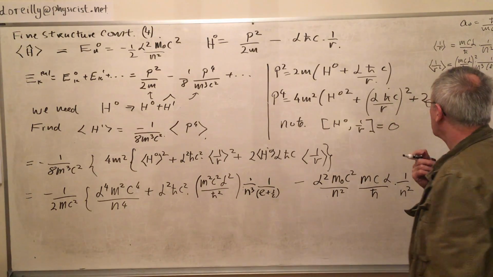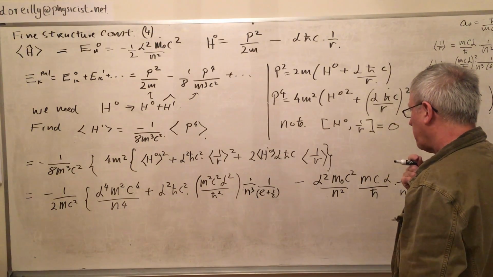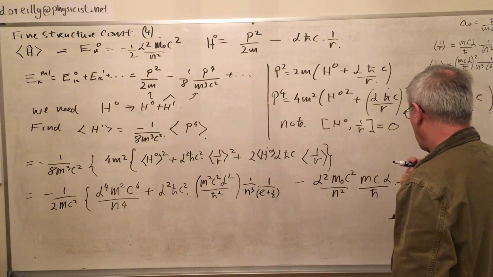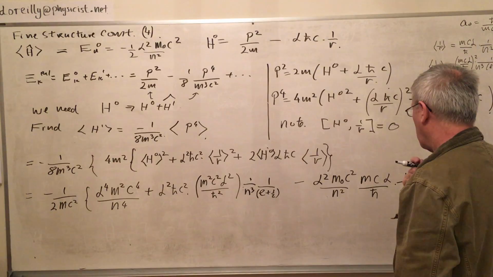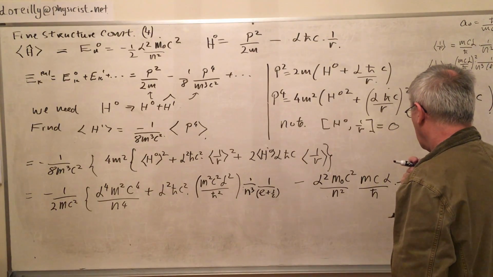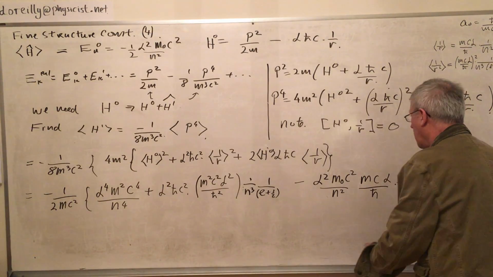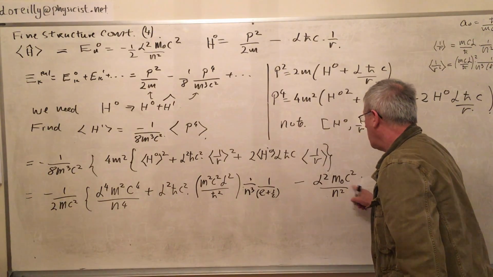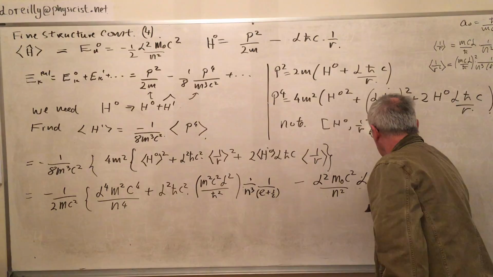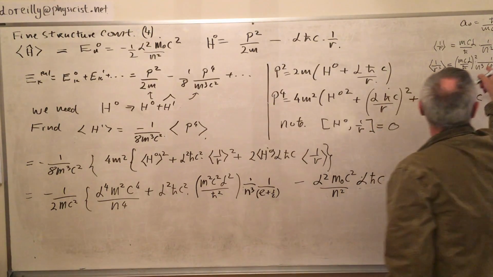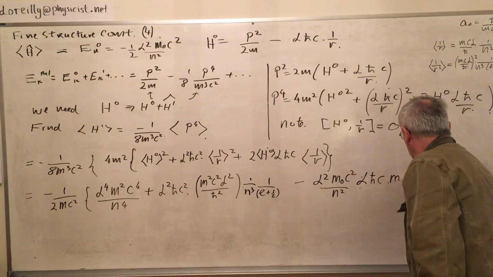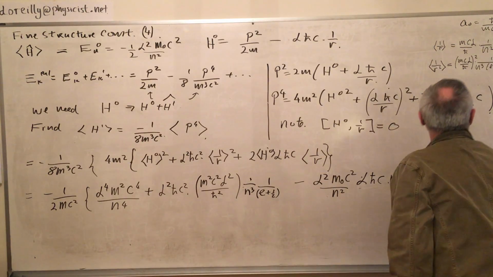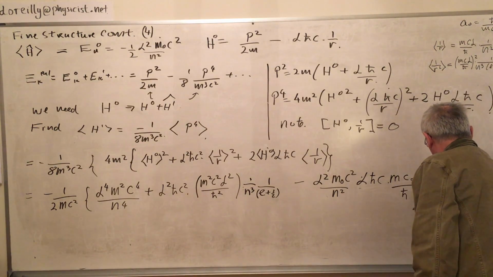Now I'm just checking to make sure I've made. Okay, I'm missing some terms here. So 2 times this one, alpha h cross c, and this one here. Over n squared.